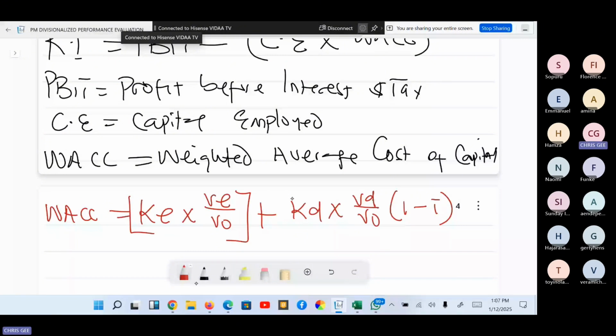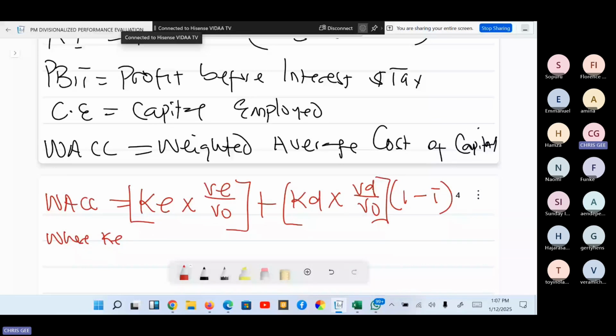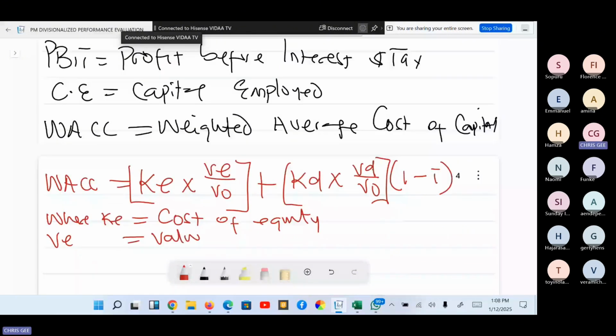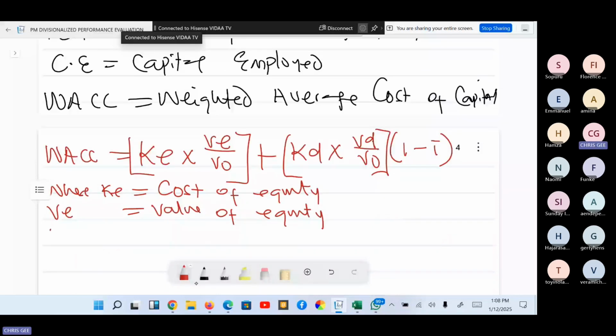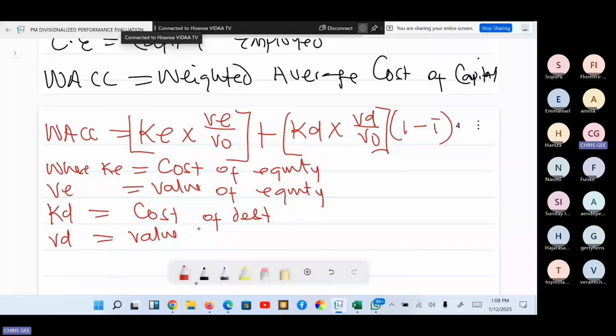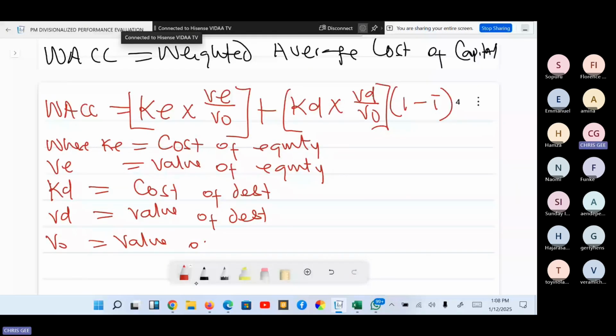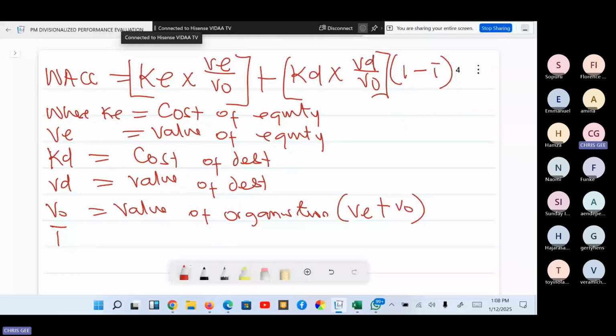Where KE equals cost of equity, VE is value of equity, KD is cost of debt. You're doing well. You're ready for this exam. VD is value of debt, and then VO is value of organization, which is VE plus what? And T equals tax rate.